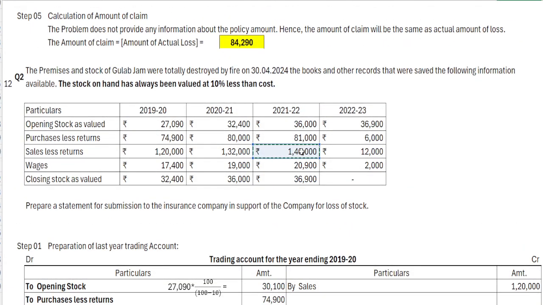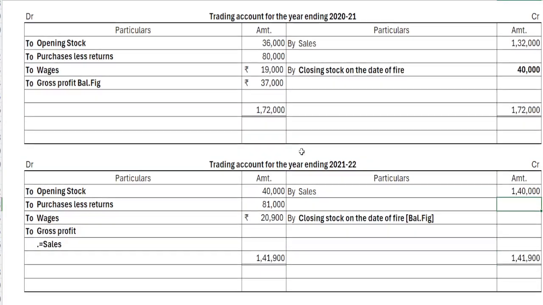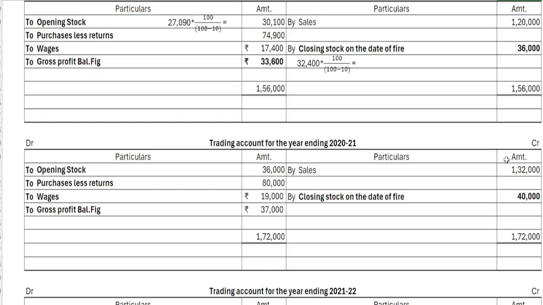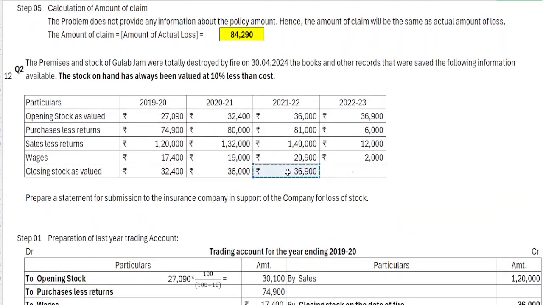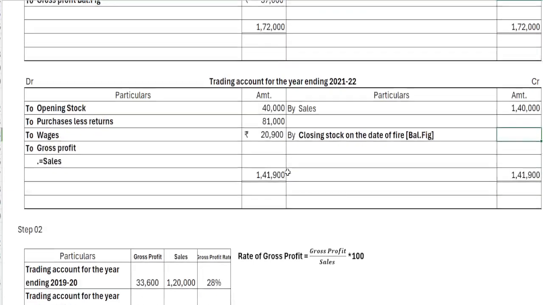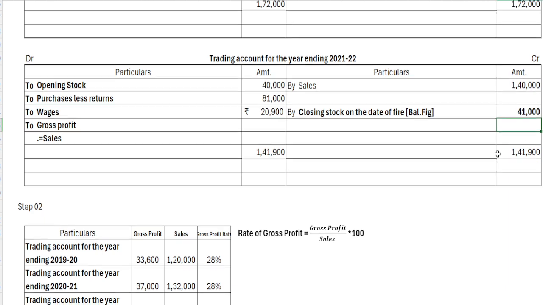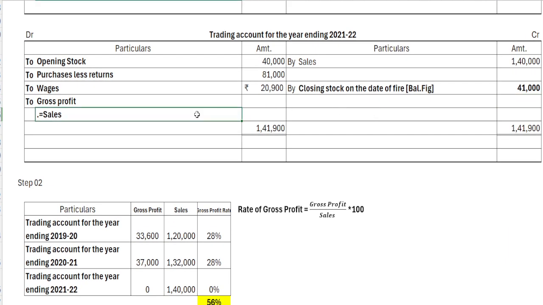Sales 1,40,000. And closing stock is 36,000, but that is the 90% value, which is 10% less than the cost, so divided by 90 into 100. We need 100%, which is 41,000. This is a balancing figure.